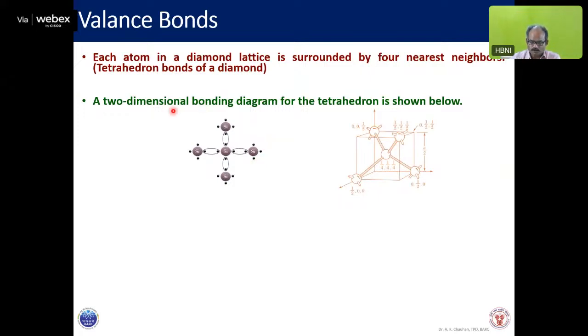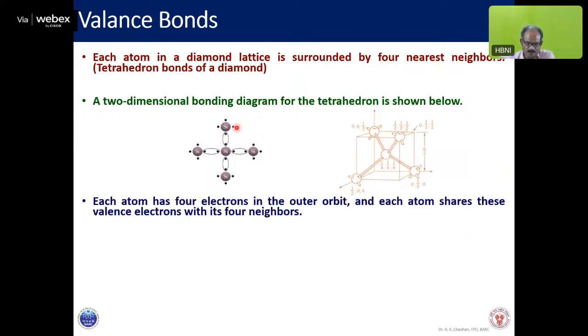So then if I try to say it, this is like that. It is half, half, 0, 0, 0, half, 0, similarly in this way, and at 1 by 4, 1 by 4, 1 by 4. This atom is actually not at this much distance, it is just to get a good visualization.